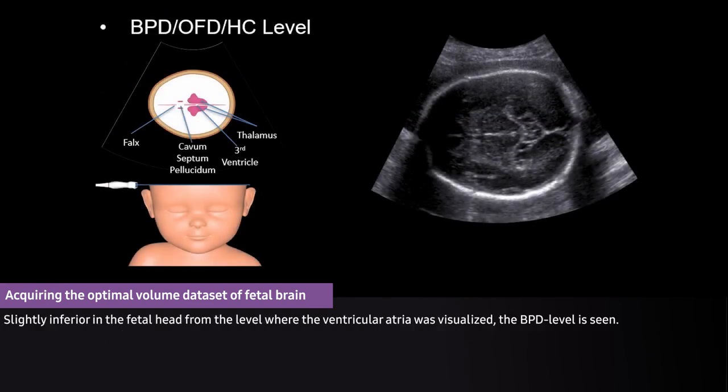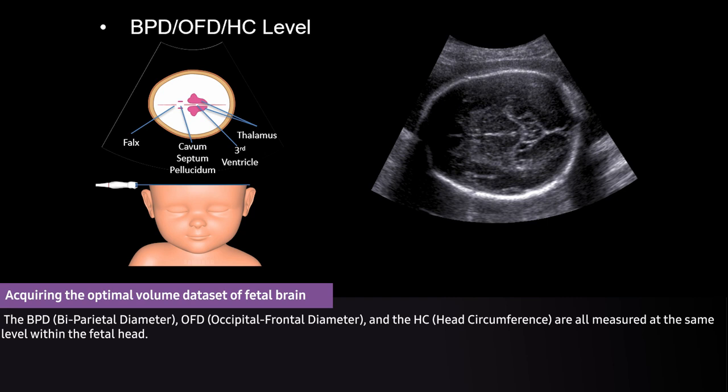Slightly inferior in the fetal head from the level where the ventricular atria is visualized, the BPD level is seen. The BPD, biparietal diameter, OFD, occipital frontal diameter, and the HC, head circumference, are all measured at the same level within the fetal head.